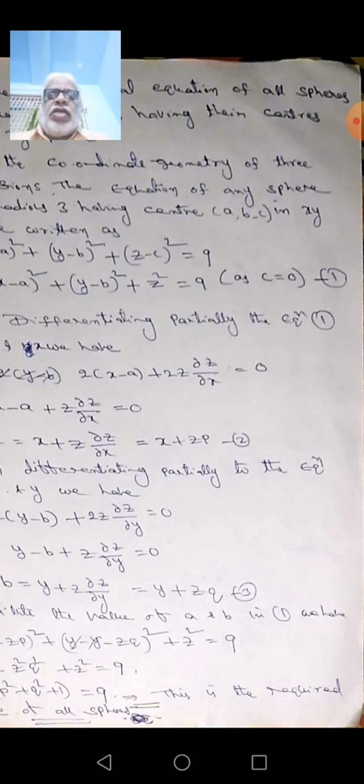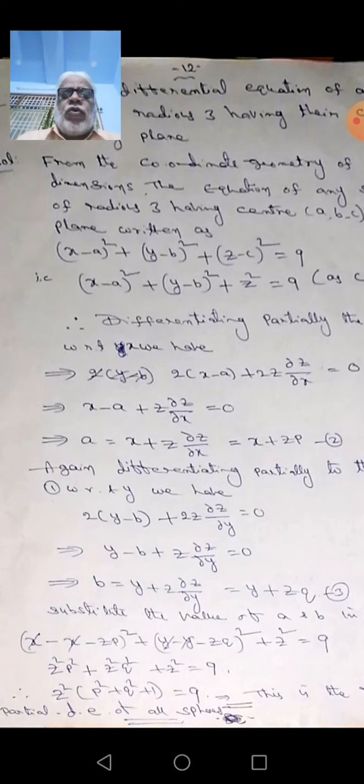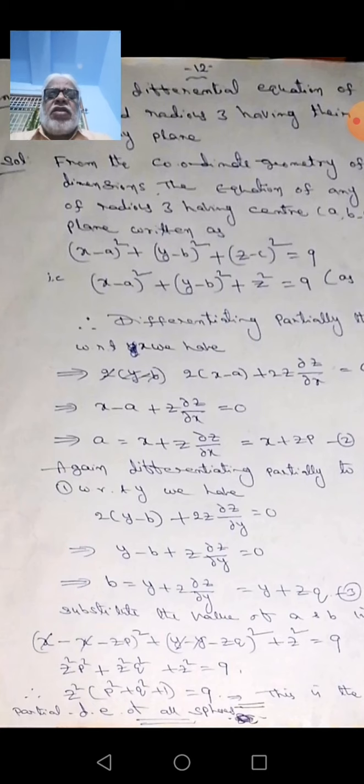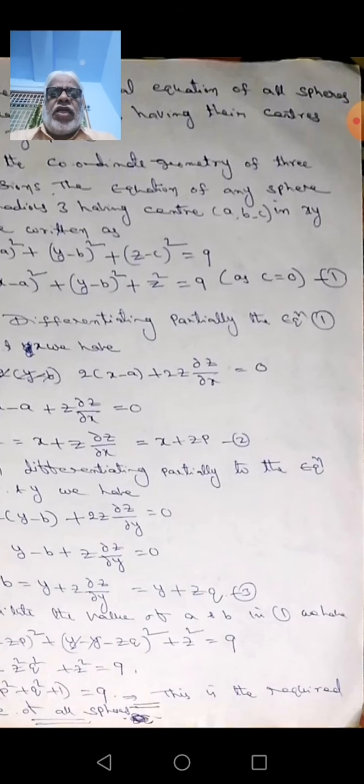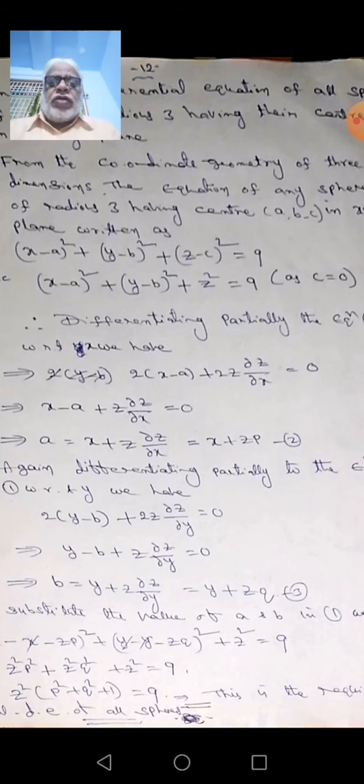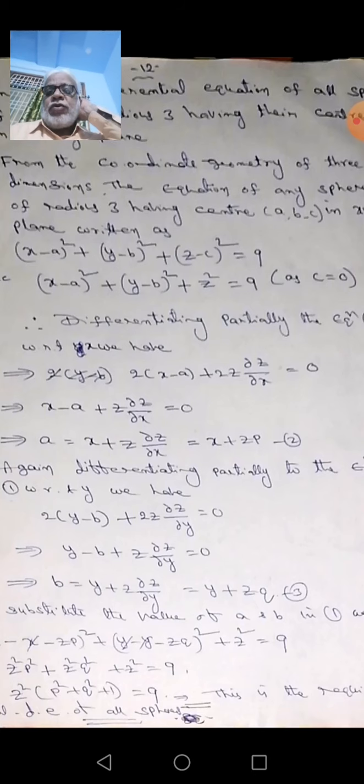Differentiating partially equation 1 with respect to x, we have 2 of (x minus a) plus 2z dou z by dou x is equal to 0.